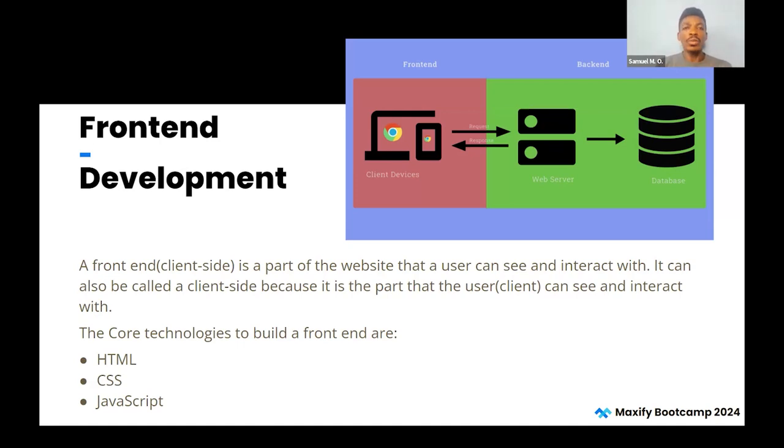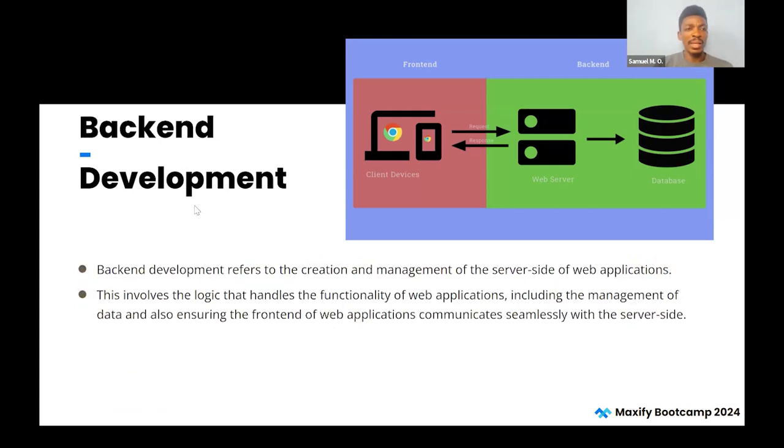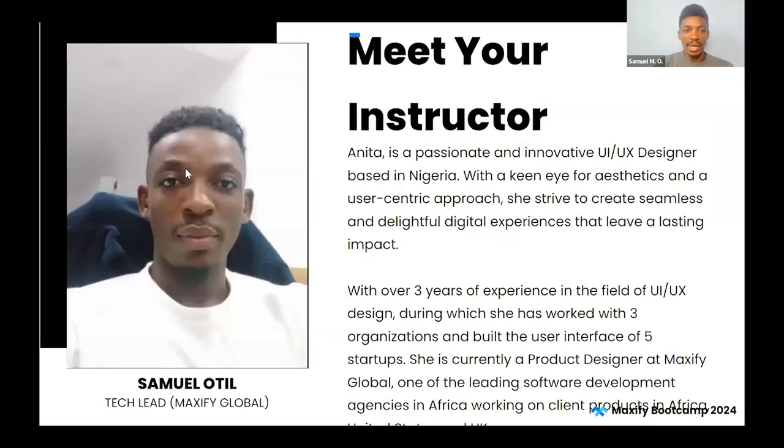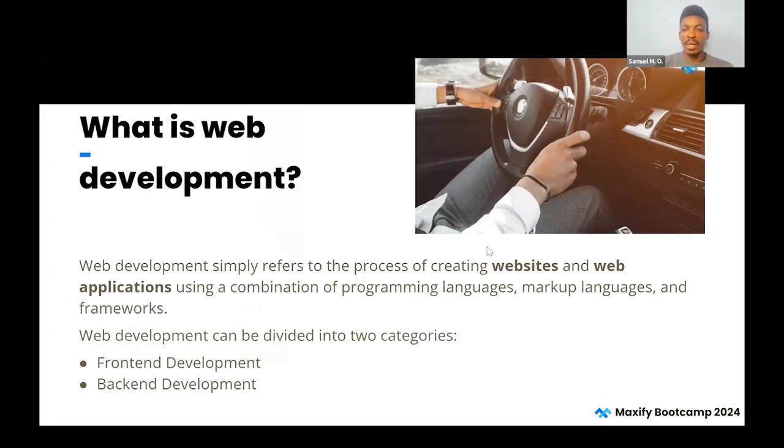Every other add-on that makes development super fast could just be frameworks. You could hear people say things like React.js, Vue.js, AngularJS. There are a ton of them out there, right? Those are just frameworks. Now if you look at my definition of web development earlier, we said they are built using a combination of programming languages, markup languages, and frameworks.